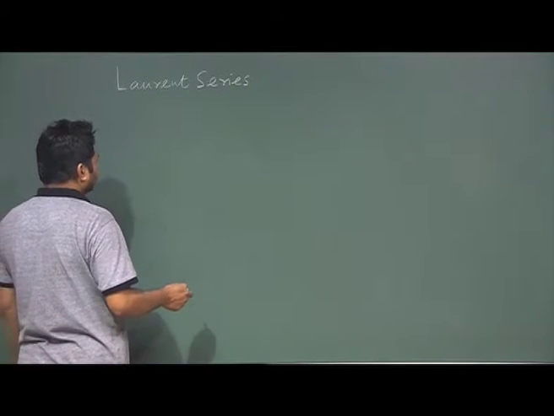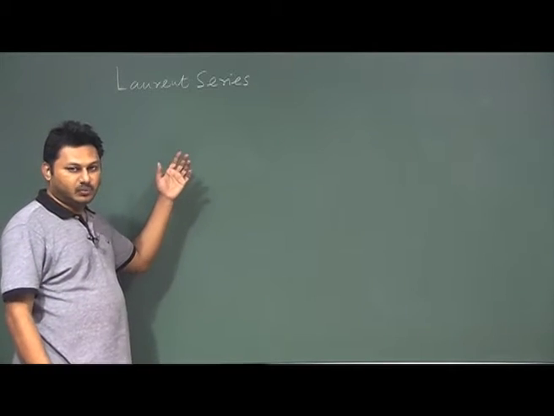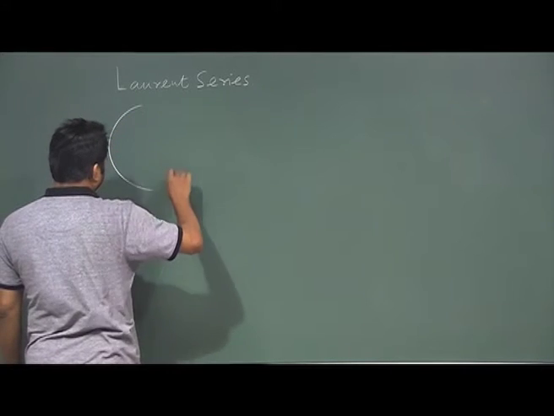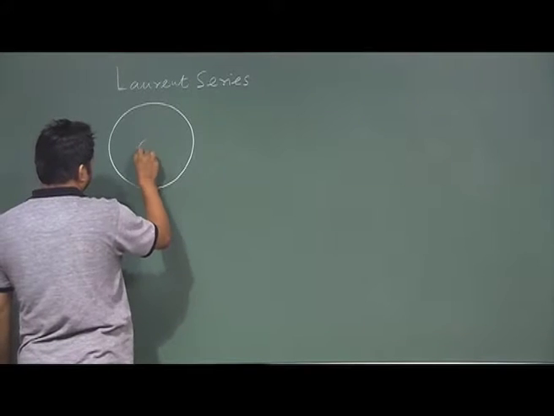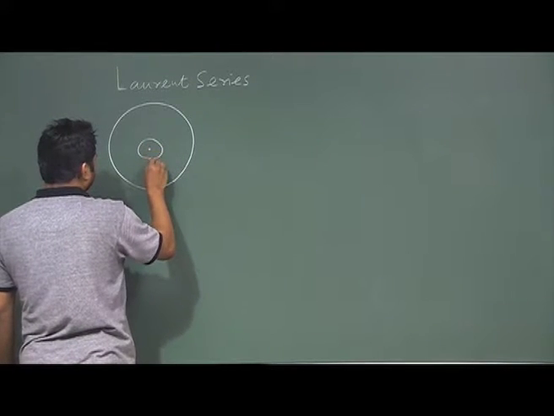So, in the Taylor series the function was analytic in some given domain D. Here we have something different, and that is an annular region.